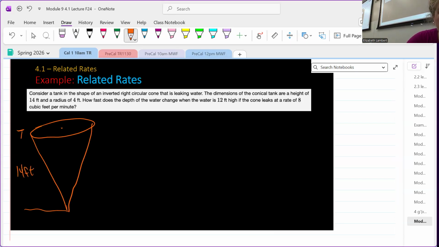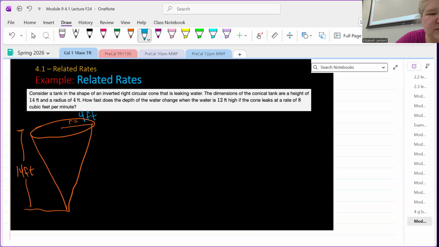So I know overall the tank is 14 feet tall and my radius at the top is 4 feet. So how fast does the depth of the water change when the water is 12 feet high if the cone leaks at a rate of 8 cubic feet per minute?